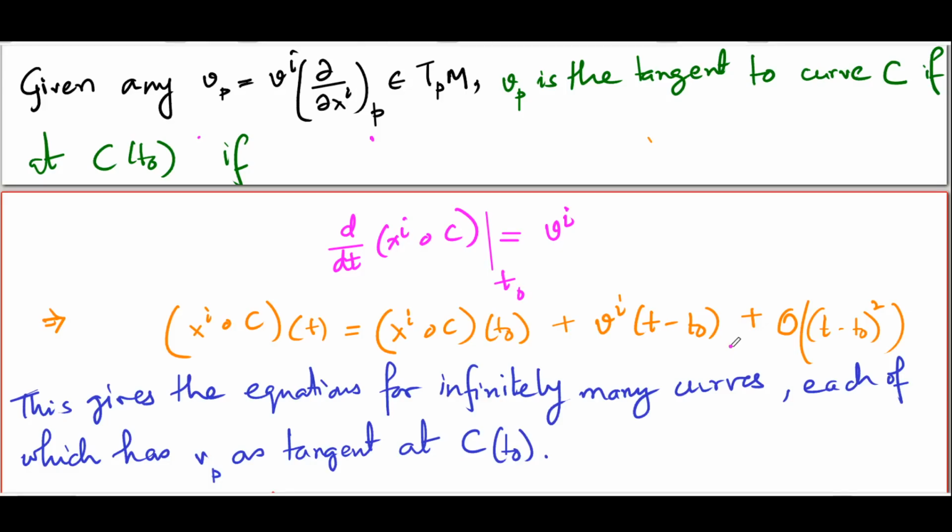The last of the consequences of the fact that the del del xips form a basis set for TPM is going to involve the third kind of notion of a vector, the physicist's one.